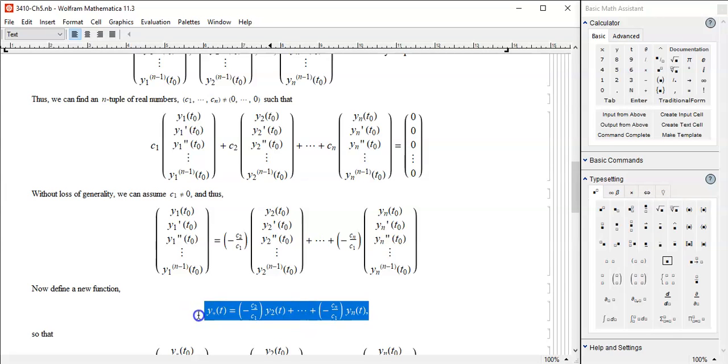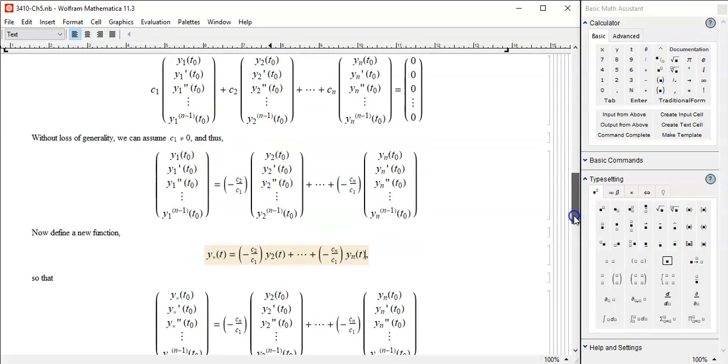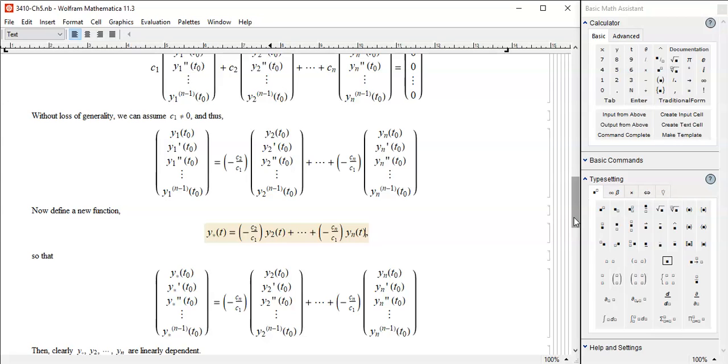So this is true for arbitrary t. Now let's take the derivative, second derivative, third derivative, and so on. Then we are going to get this, and this is going to be true for all t, but in particular t0 as well. So we have this and that, this and that.